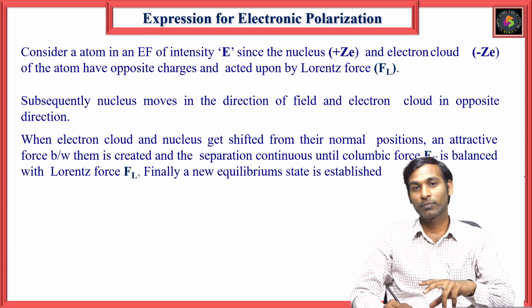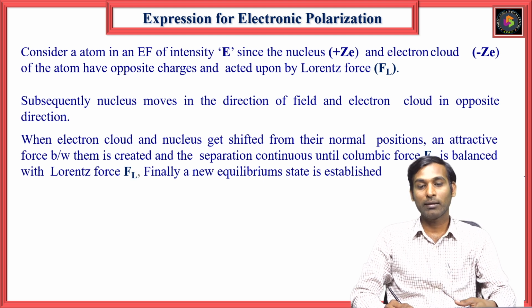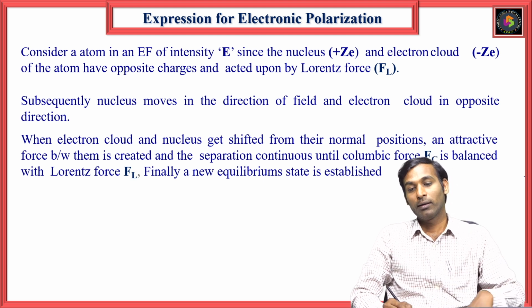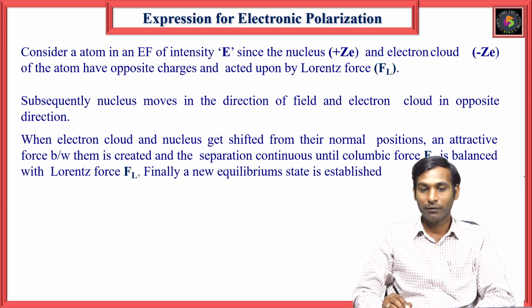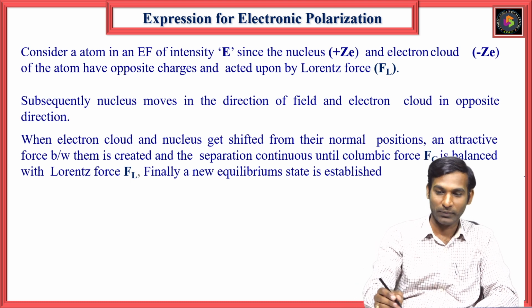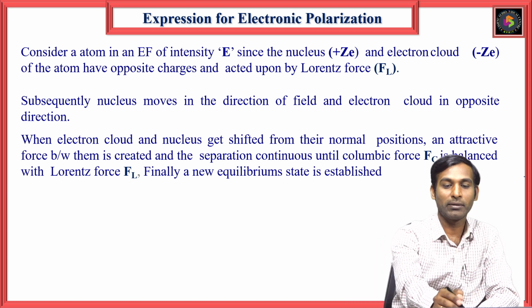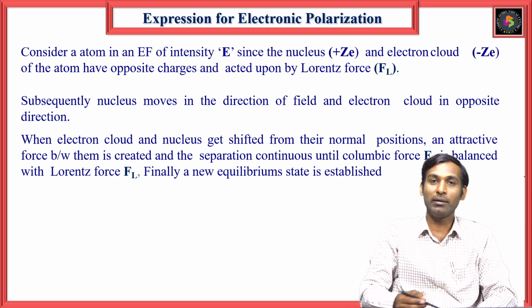That force is due to the attraction between the nucleus and electron cloud. A Coulomb force is developed between the electron cloud and nucleus. This attractive force is created, and the separation continues until the Coulomb force is balanced by the Lorentz force.